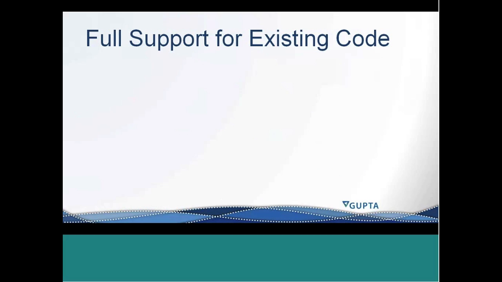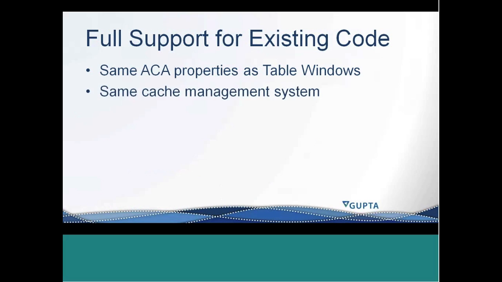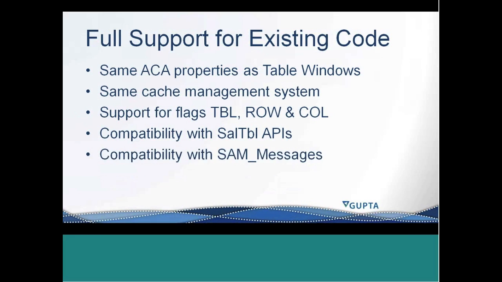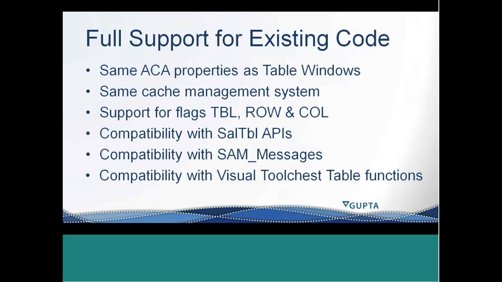Since Team Developer 5.1, we have tried to fully support existing code. So what have we done in 5.1 to achieve that? The same active coding assistant properties as the table windows, the same cache management system as the table windows in the grid, support for the flags that your application used with the table windows, like the table, row, and column flags, compatibility with SalTable APIs, compatibility with some messages, and with Visual Tool Chest table functions.